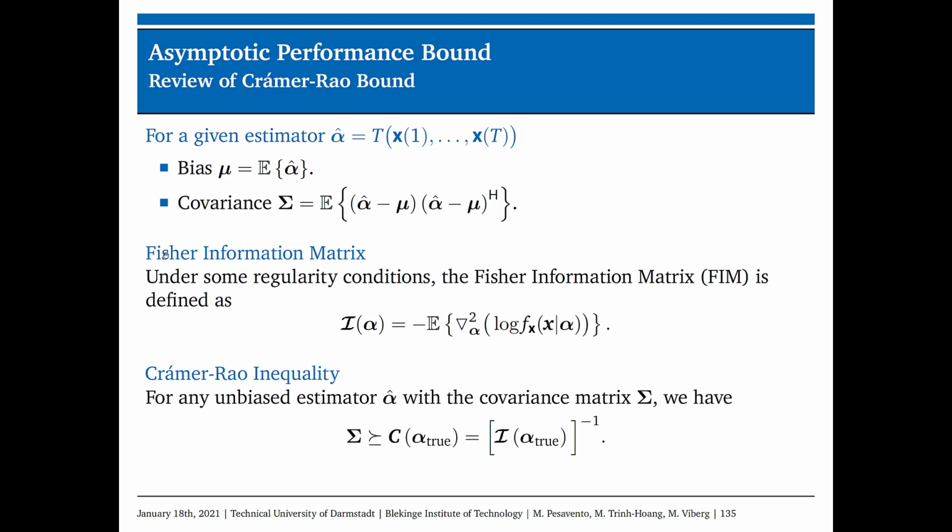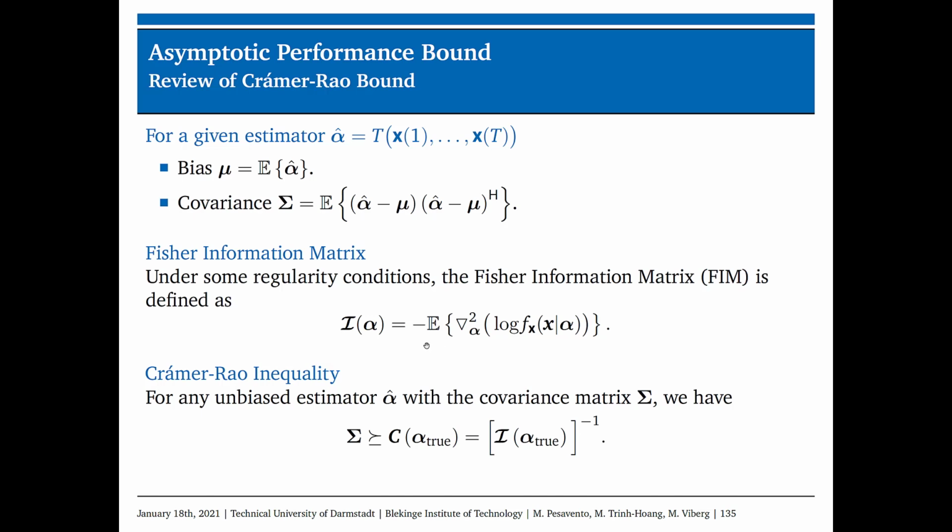Then the Fisher information matrix, short FIM, is defined as the negative of the expectation of the Hessian taken with respect to the parameter vector alpha of the log likelihood function given over here. The log likelihood function, as we mentioned before, is obtained by taking the logarithm of the PDF after inserting the IID random observations.